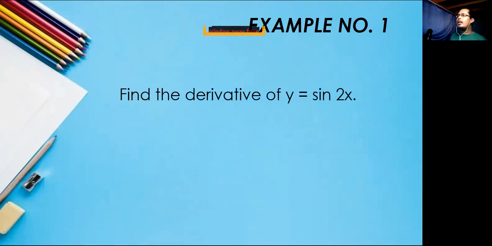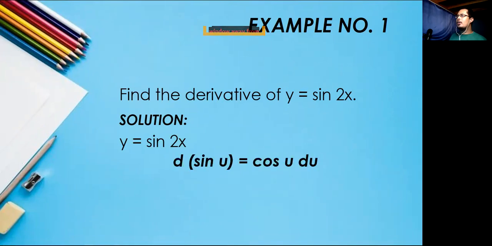We're going to find the derivative of y equal to 2 sine of 2x. For the solution, we use the derivative of sine of u, which is equal to cosine of u times du.